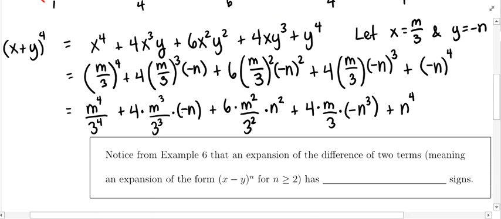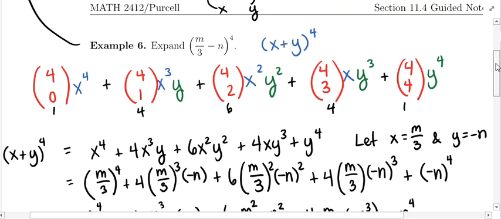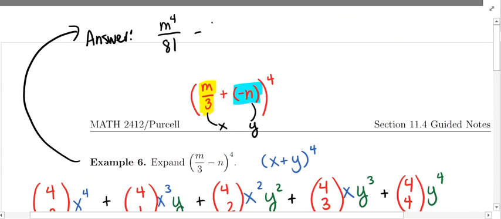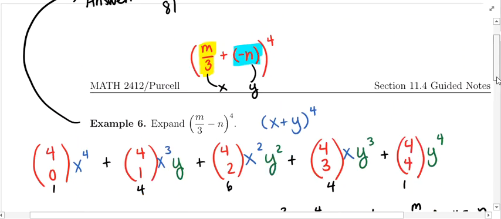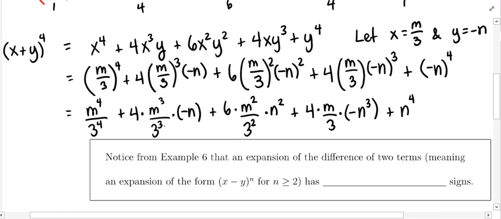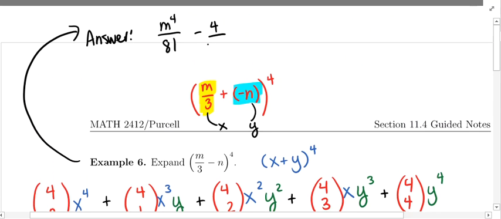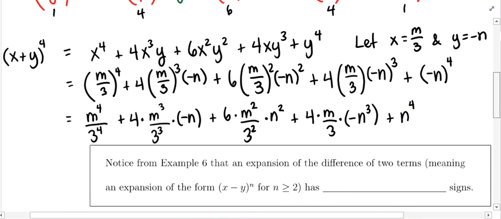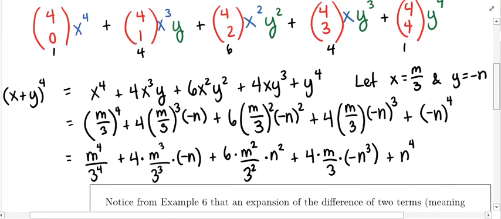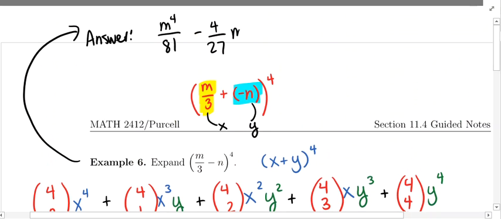So this is going to be minus, and the coefficient is going to have a 4 in the numerator. The denominator is 3 times 3 is 9 times 3 is 27. So the coefficient here is negative 4 over 27. The power of m is going to be 3, and the power on n is 1, so this is going to be m cubed times n.